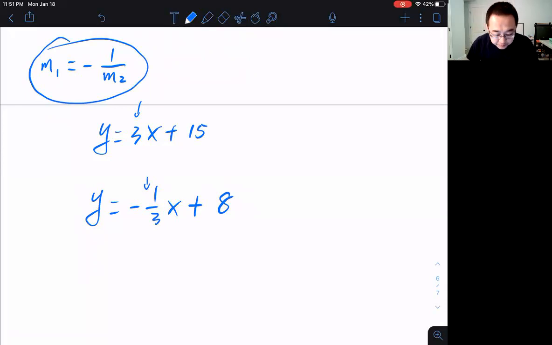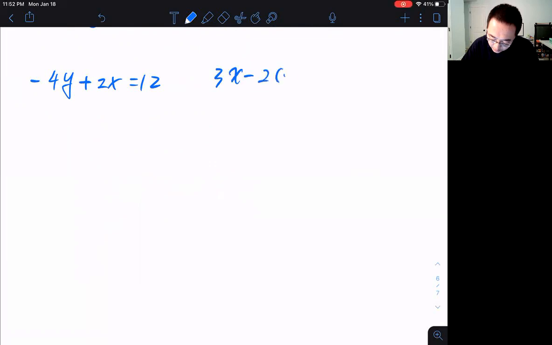I think you can practice converting different forms of lines to see if they are perpendicular or not. Let's do a quick example.